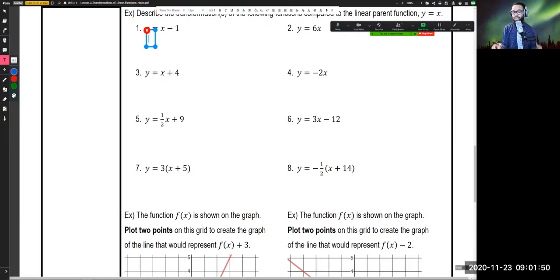This is minus 1, so this is going to be shifted down 1 unit. When we look at number 3, it has a plus, so it's going to be shifted up somewhere. And then it says plus 4. This 4 right here tells us it's going to be shifted up 4 units.